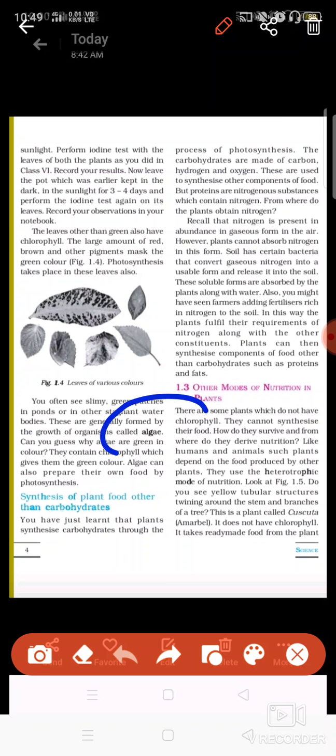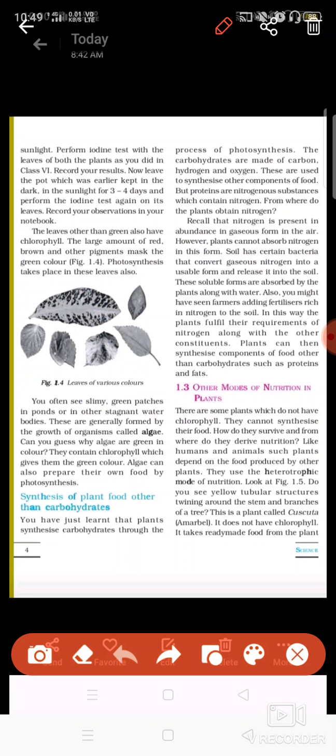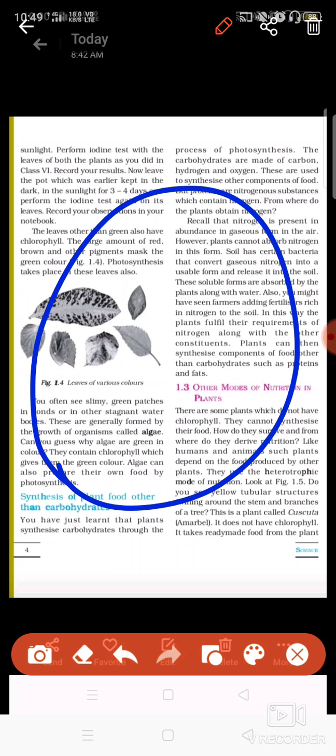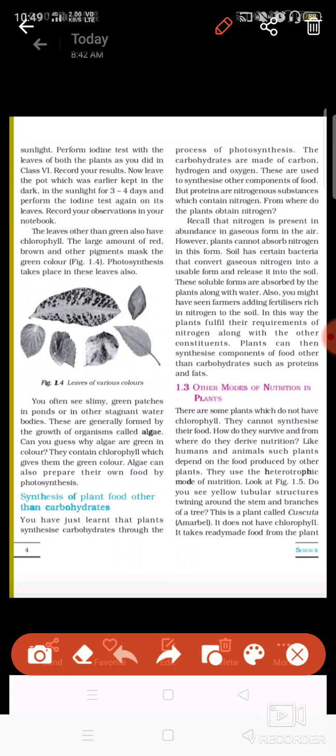Then there is one more kind of organism which can be autotrophic, and these are the algae. You might have seen that pond water has a green color. Okay, that pond water turns green due to the presence of these algae.